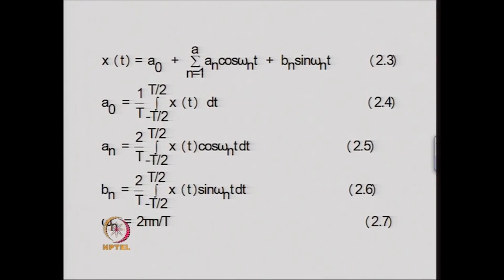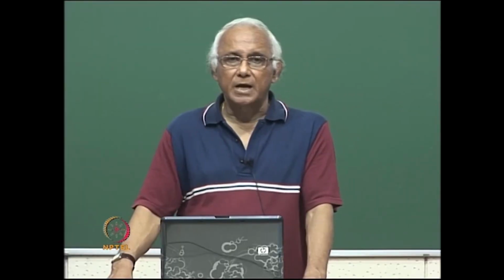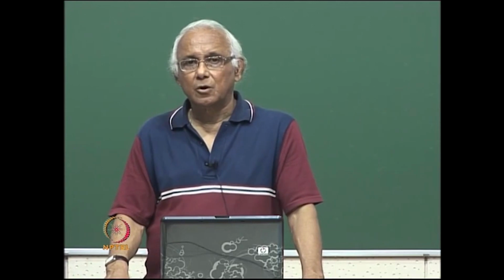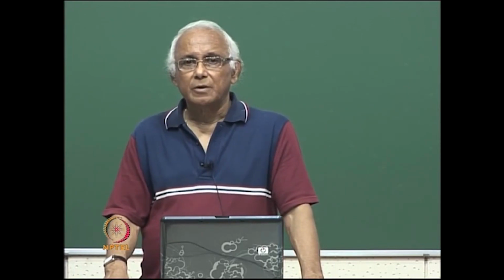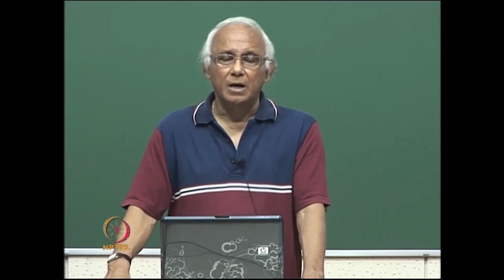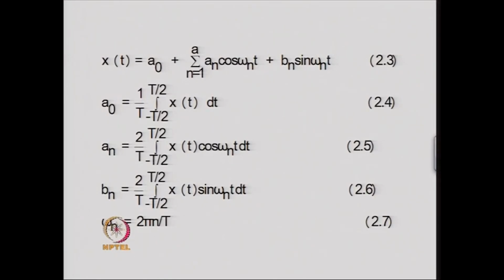The physical meaning of equation 2.3 is that any arbitrary function of time can be thought of as a sum of a number of harmonics, and each harmonic has a phase term that we will see later.